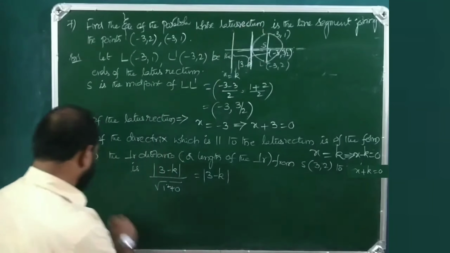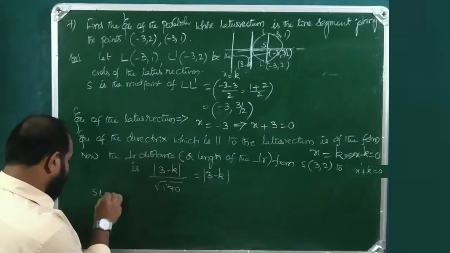SL is the semi latus rectum, that is 2A. This is totally 4A, and each half is 2A. So SL equals 2A.